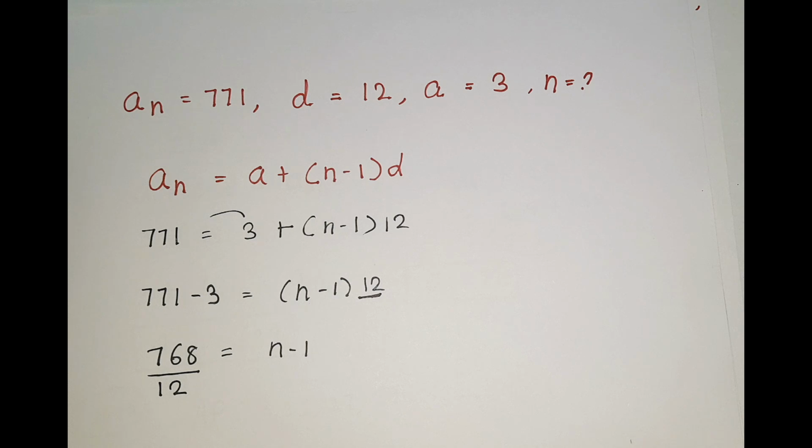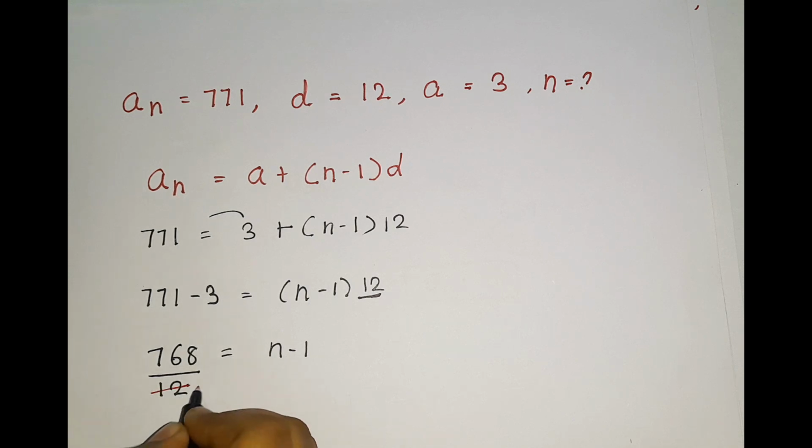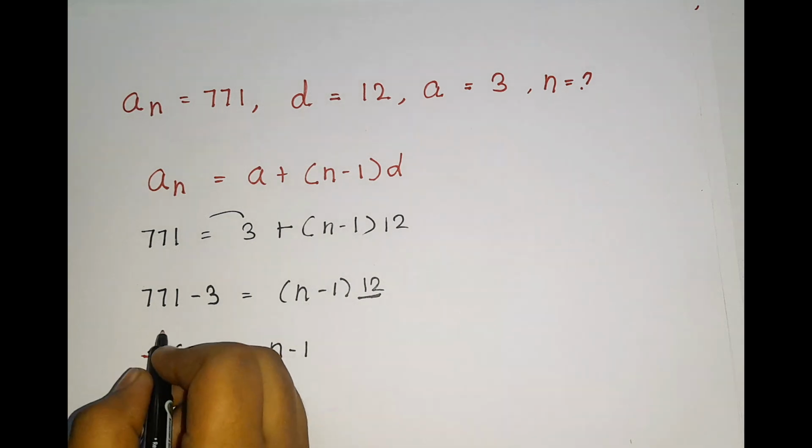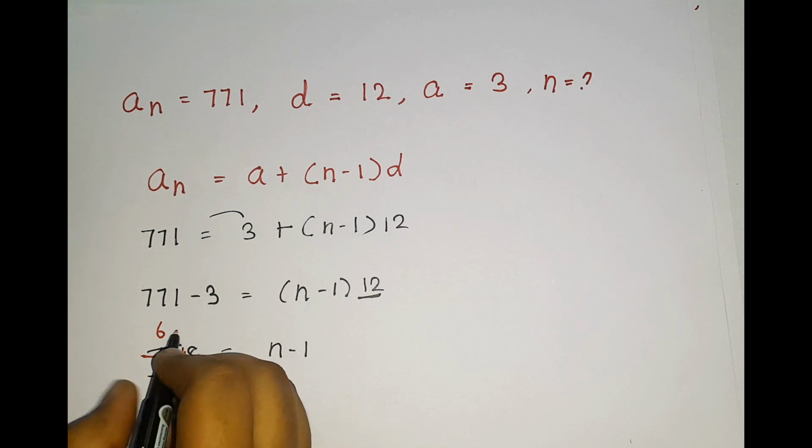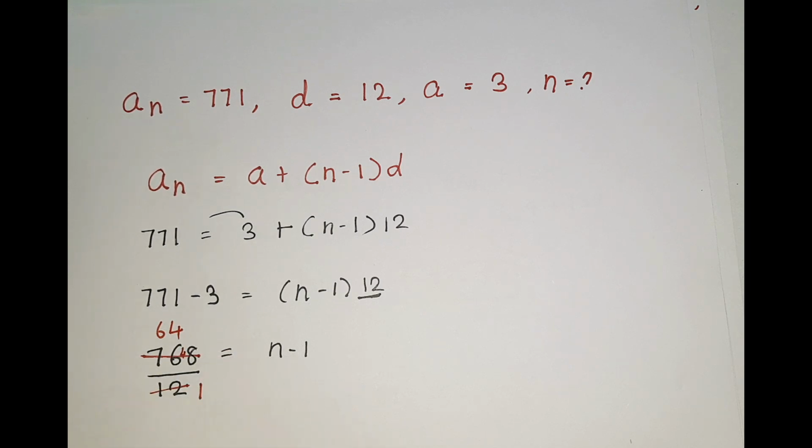Using the 12 table, 12 ones are 12, 12 sixes are 72, balance 4, and 12 fours are 48. So now we have 64 is equal to n minus 1.